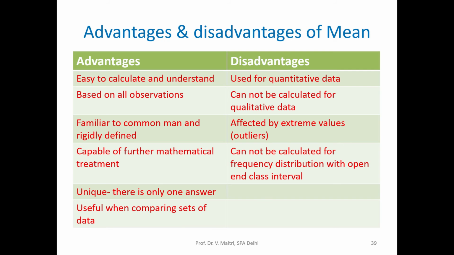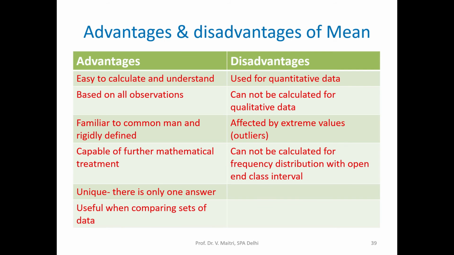Mostly people know that. Maybe they have learned statistics or not, it is immaterial. This mean, we can use it for further mathematical treatment, and it is unique. There is only one answer. The same data has only one mean, not two or three means, and it is very useful when we are comparing different sets of data.